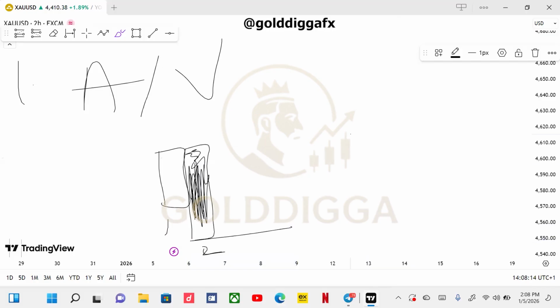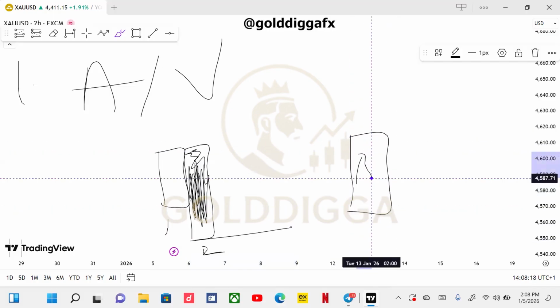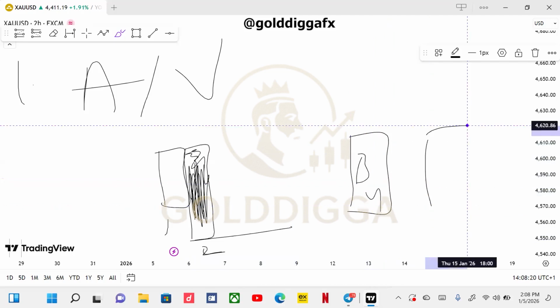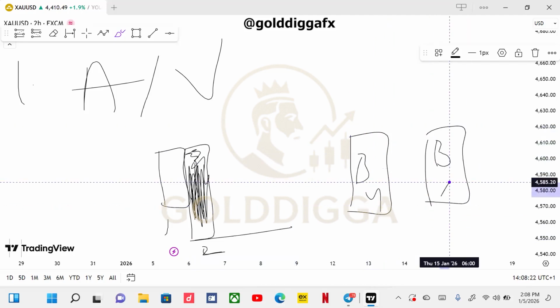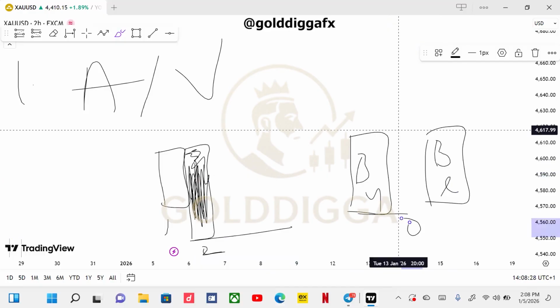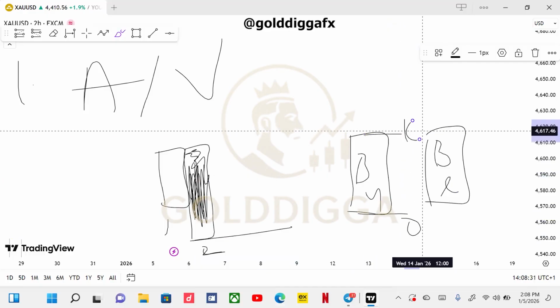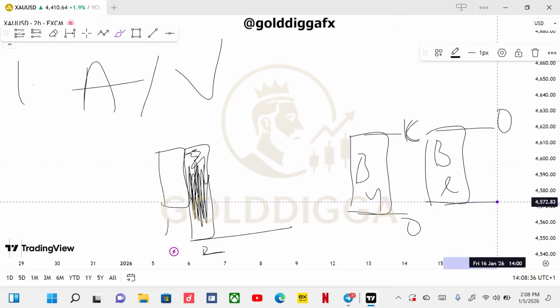Because this is a candle, this is a bullish one, BU, and then a bearish one, BE. The bullish candle has its open below and its close above, while the bearish one has its open above and its close below.